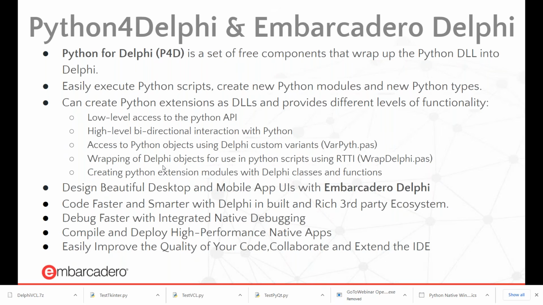We can write faster and smarter code in Delphi, and it has a lot of third-party components and tools to build high-performance native apps. We can easily compile and deploy. We have a lot of tools to check the quality of our code, and you can collaborate and extend the IDE as well using Embarcadero Delphi.